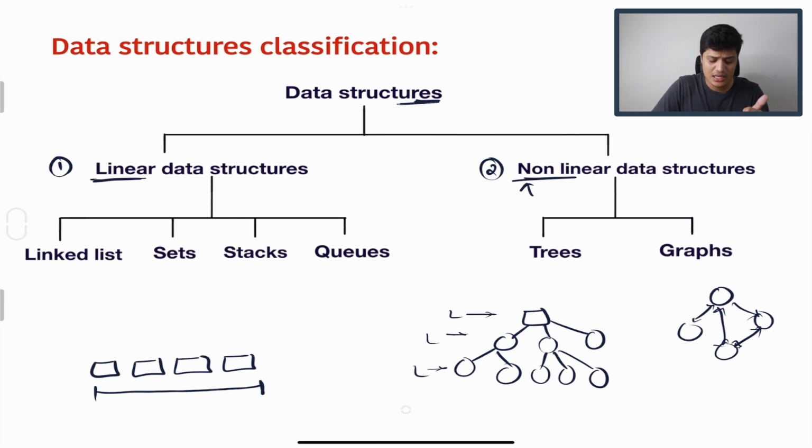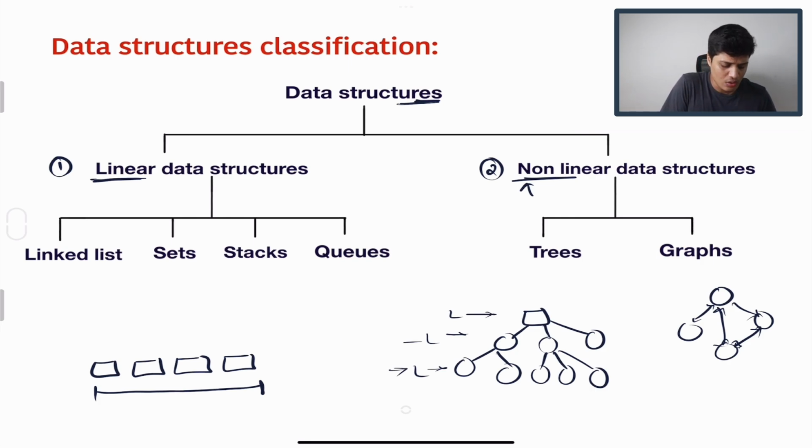In trees, they are arranged level by level, and in graphs, there is no specific principle followed. Any value can connect with any other value inside that respective graph implementation. Since these values connect randomly, we will not be able to do a simple iteration using a simple for loop. We need help from some other data structure to read each and every value in that respective data structure. That is something you have to remember.